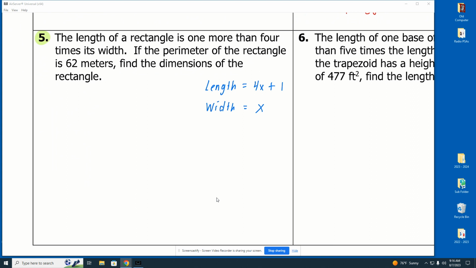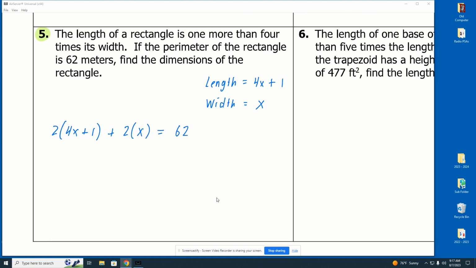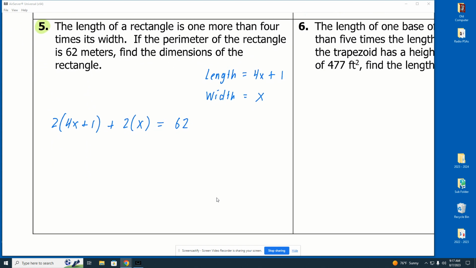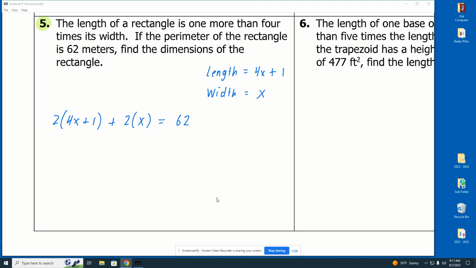So if you were to use the equation 2L plus 2W equals the perimeter, and they told us the perimeter was 62. Now, what would I do if I use this formula? Now, what property? Yep, what's 2 times 4x? 8x.